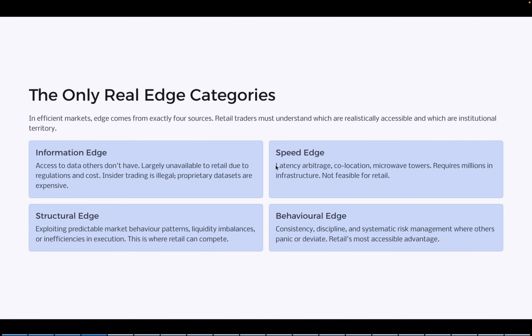So speed edge usually means latency arbitrage, colocation, microwave towers, all those things. So for example, if a broker's location is in New York, and your internet is from, let's say, Hong Kong, right? So that distance in the locations would add a millisecond or even a second of difference, and that would make your algo slow, right?